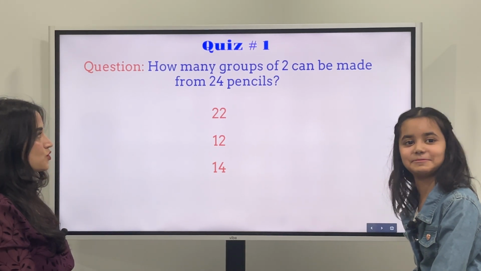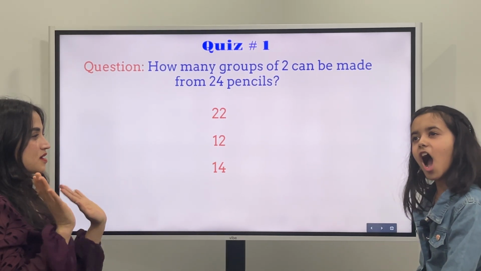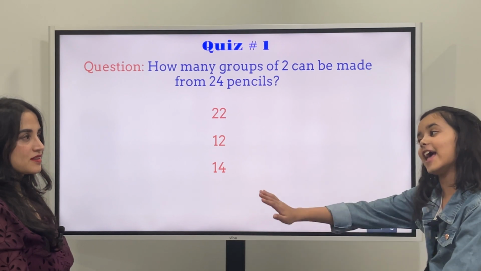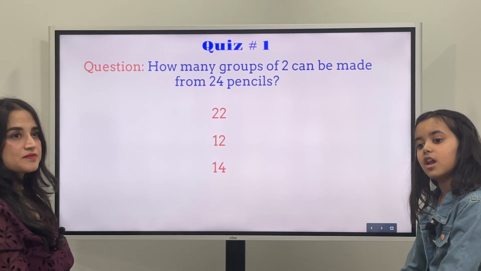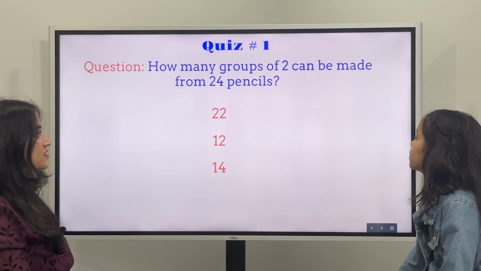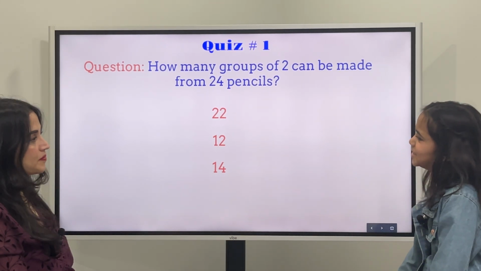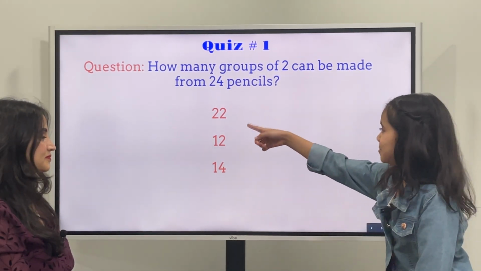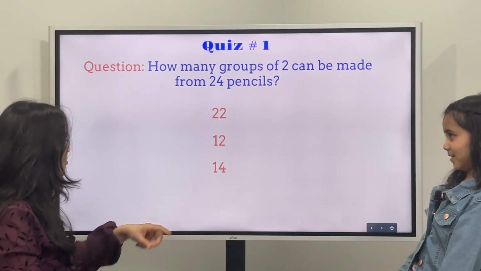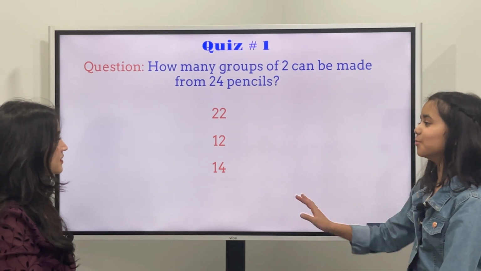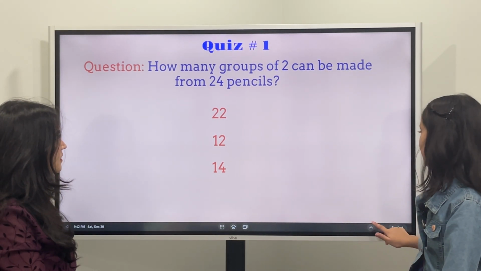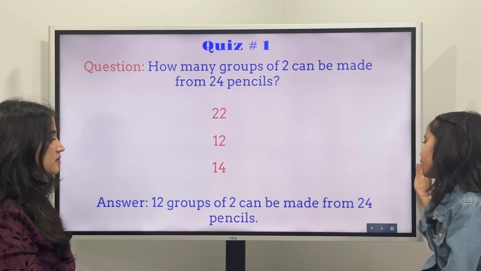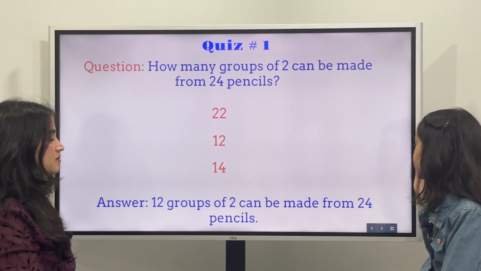So 24 pencils and groups of 2. Yeah, the answer is 12, C. So 12 groups of 2 can be made from 24 pencils.